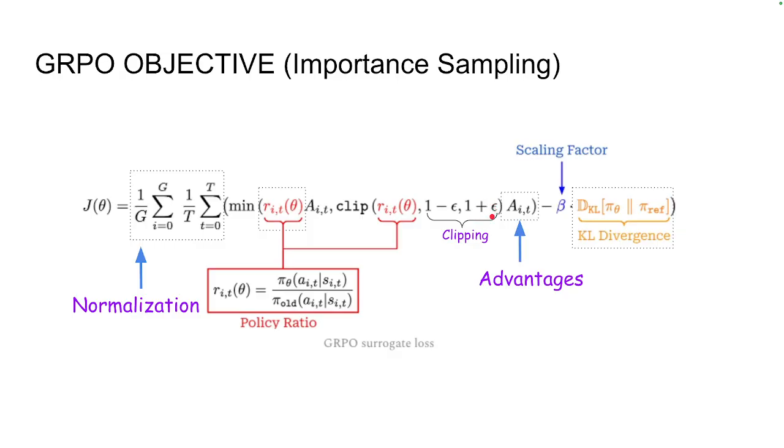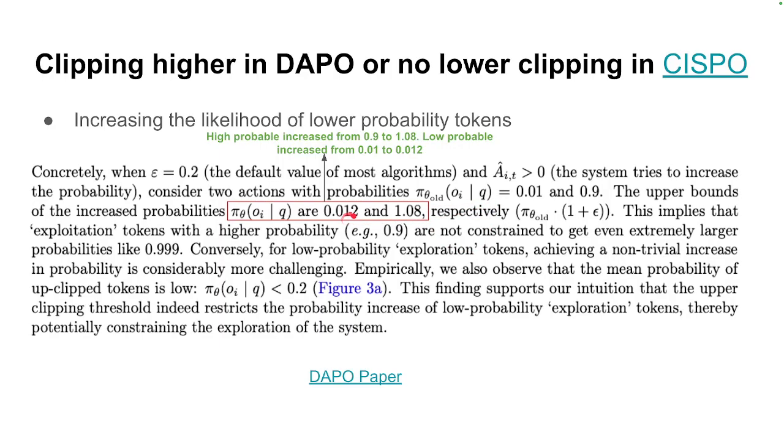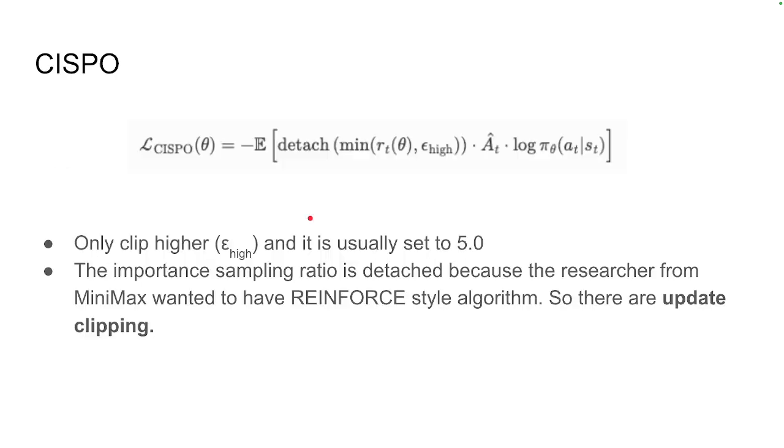And so they are clipping it higher so that these low probability tokens can get higher likelihood under the increased probabilities of the current policy. And if we discuss CISPO, they don't even clip in the lower half, they only clip in the higher. And as I said here, the clipping is really high, it's like 5.0.